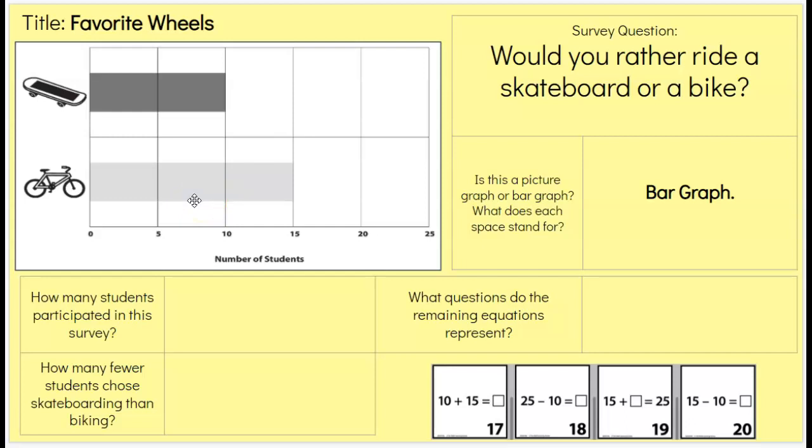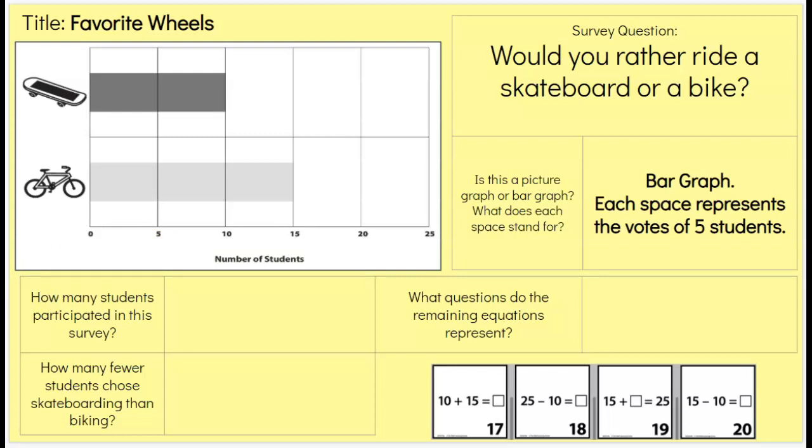Now you may have been thinking, well, that stands for the students that either chose biking or skateboarding? The important thing to know is that each space counts 5 students. Show a connection if that's what you were thinking. Yeah, that's how this bar graph is a little different than the graphs we've looked at before. We are looking at more than one student choice at a time.